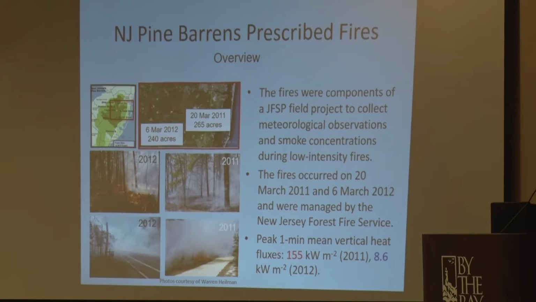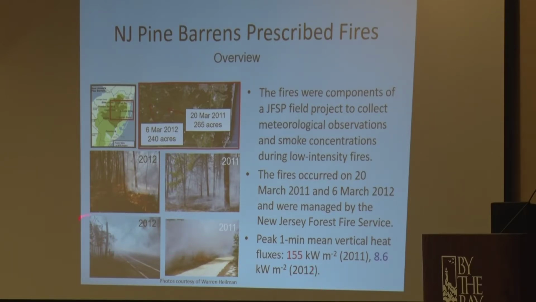These were conducted as part of a JFSP field campaign to collect weather observations and smoke measurements in order to validate the weather models and the smoke dispersion models. I mention vertical heat fluxes to emphasize that these were low-intensity fires, but the 2011 case was considerably stronger, with greater heat output than the 2012 fire.